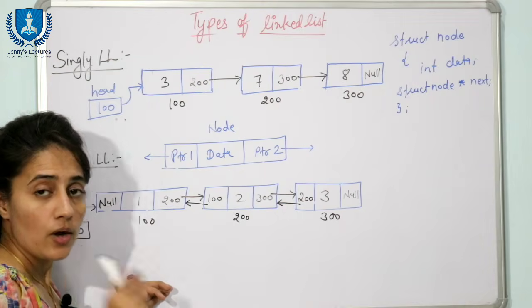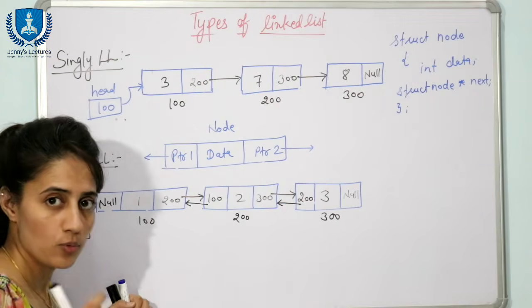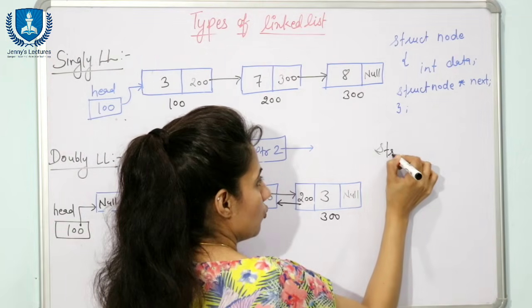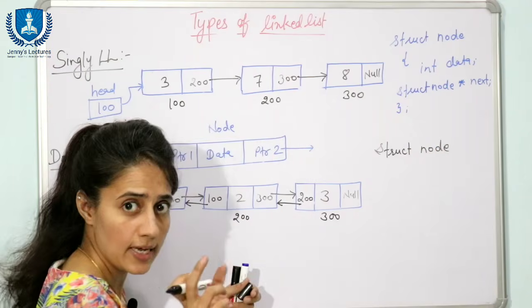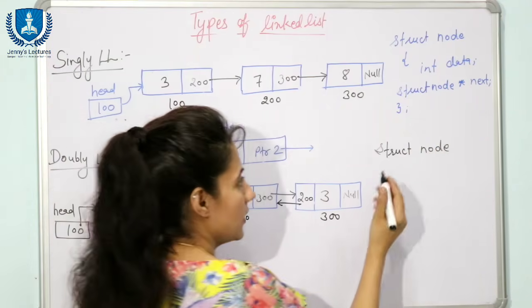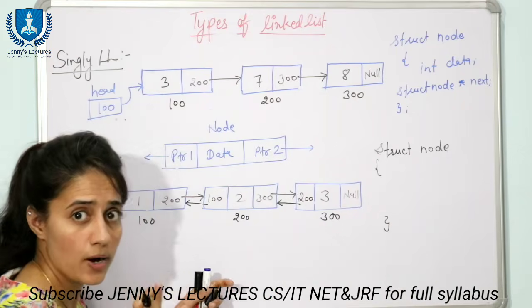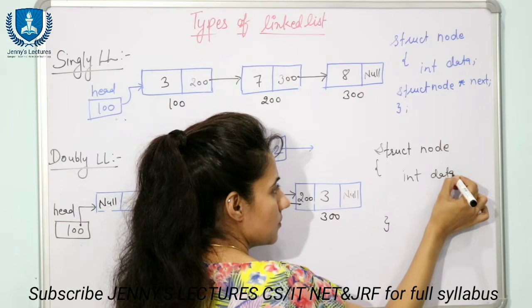Now how are we going to represent the node of a doubly linked list when writing a program? The same kind of data type would be there. We are going to define a struct node. Struct node is the name of the data type. This is a user defined data type. Within this node we now have 3 parts. One is an integer, the data part.